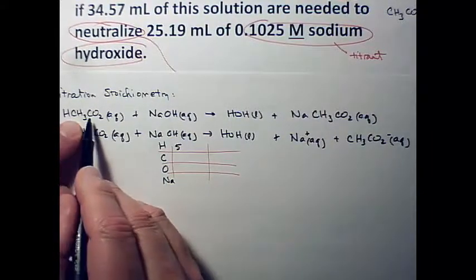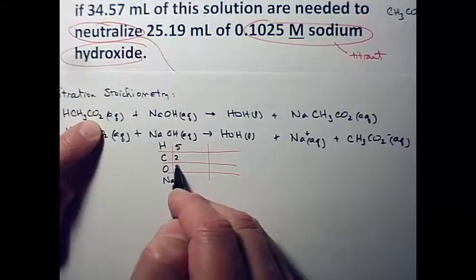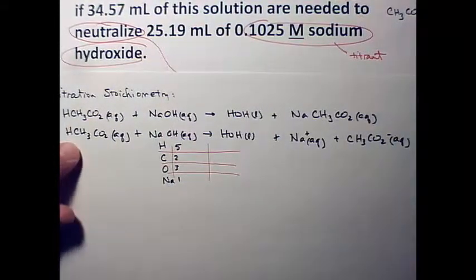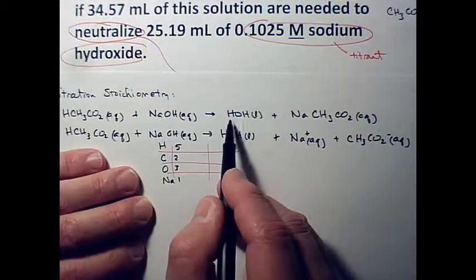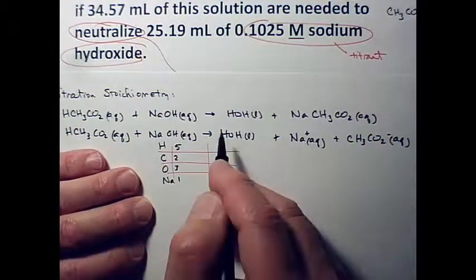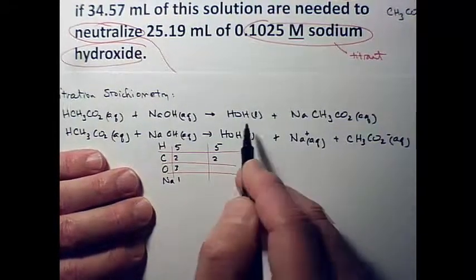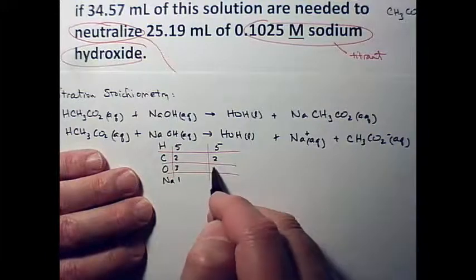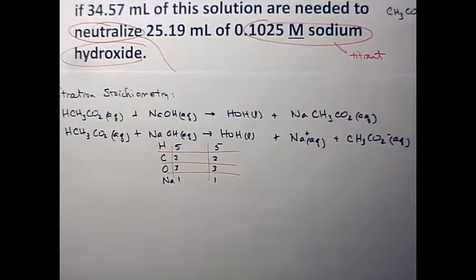I see 2 carbons. I see 2 oxygens here and 1 there, that's 3. And I see 1 sodium. And that's all on the left-hand side of the equation. On the right-hand side, I see 2 hydrogens here and 3 here, that's 5. I see 2 carbons, 3 oxygens, and 1 sodium. So the equation is balanced. We're ready to start the stoichiometry.